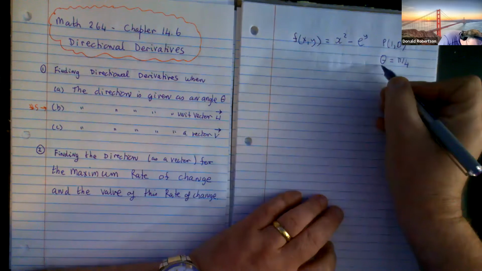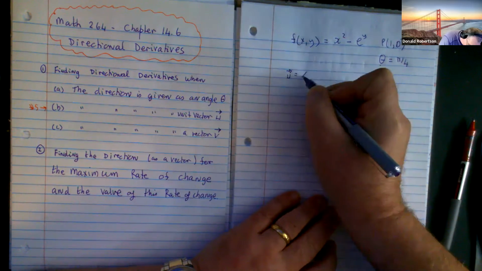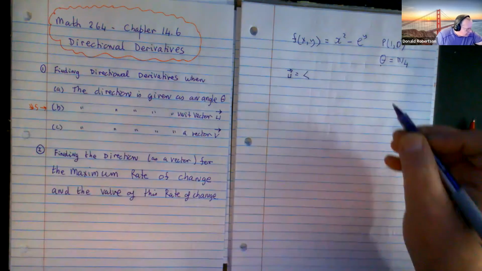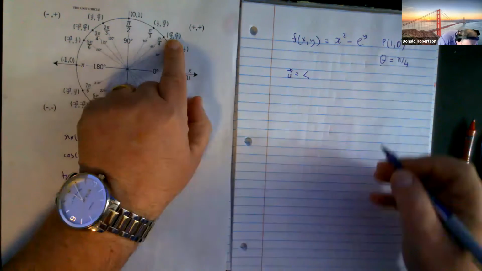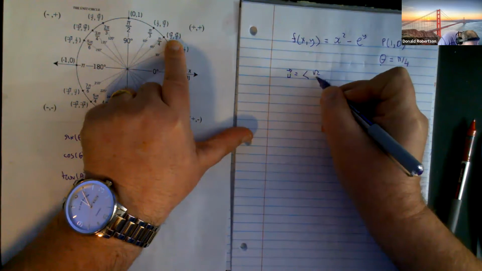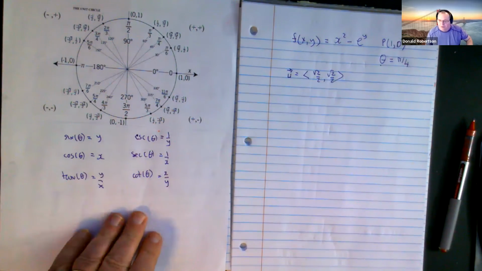So the first thing we do is use that angle to get the unit vector. If we use our unit circle and find pi upon 4, we can just use the coordinates to represent the x and y components. That's a quick way of doing it.